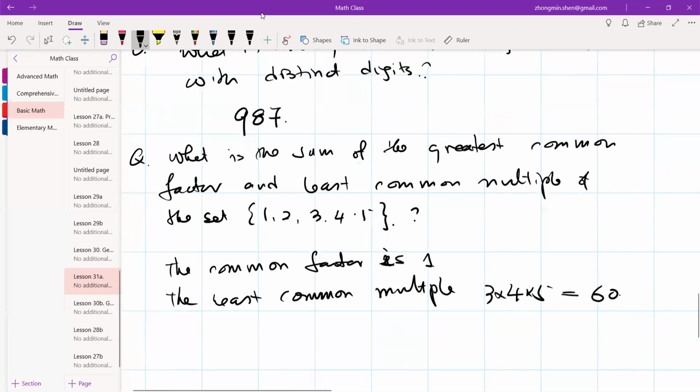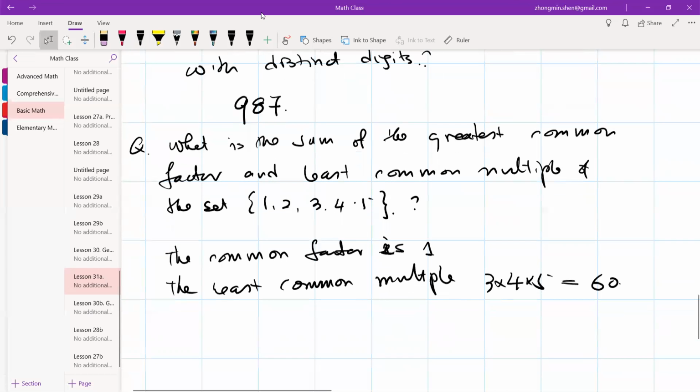So the sum is going to be 1 plus 60, which is 61, because we are talking about the sum of the greatest common factor and the least common multiple.